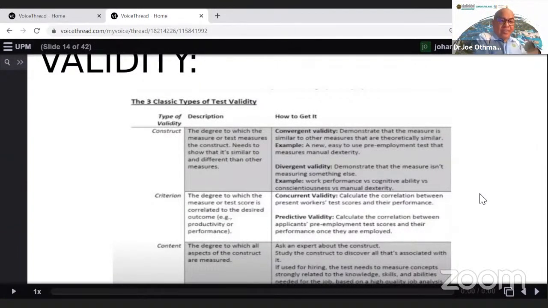If it is law, send it to a lawyer who is an expert in the field. Then this expert will check the questions and give a thumbs up. Once a few experts have checked and agreed that your questions are good and proper, then at that juncture, you can claim your test or survey has content validity.